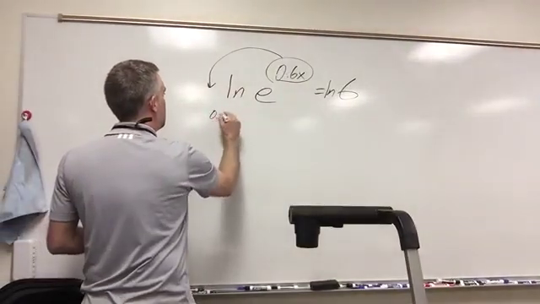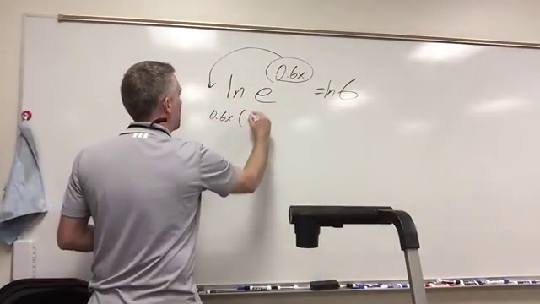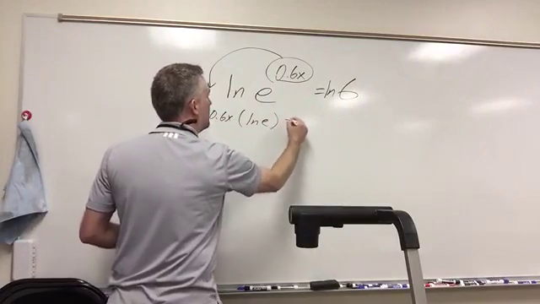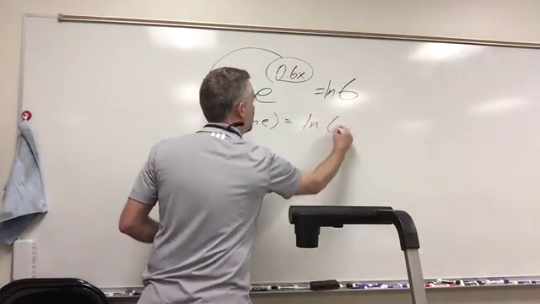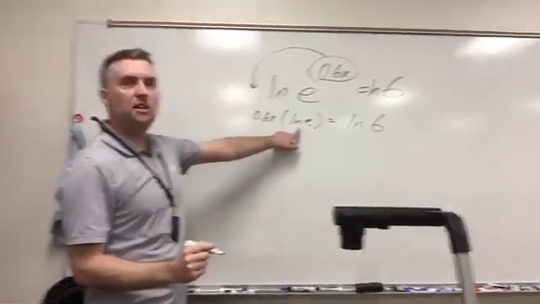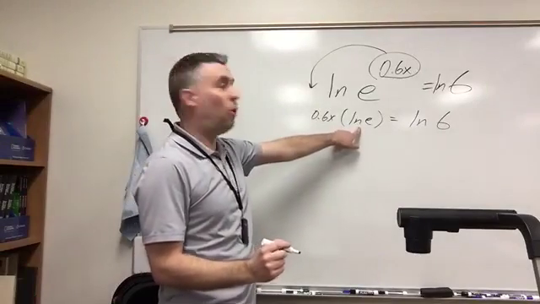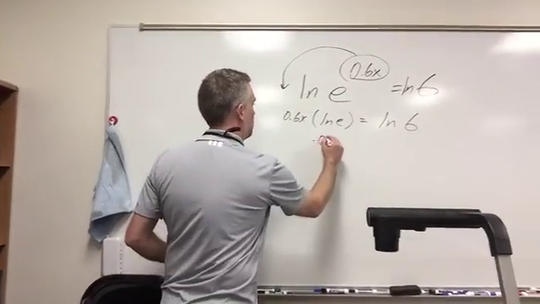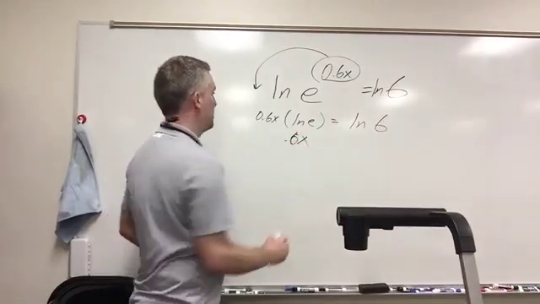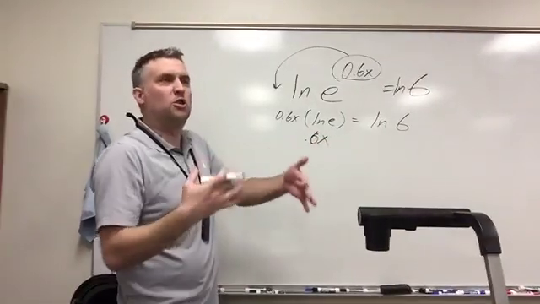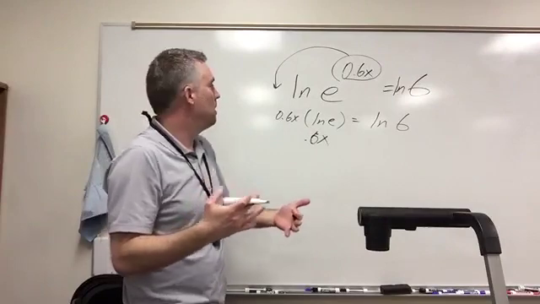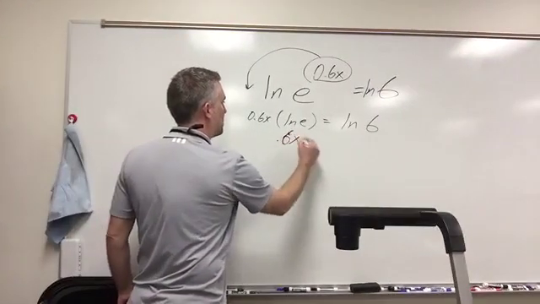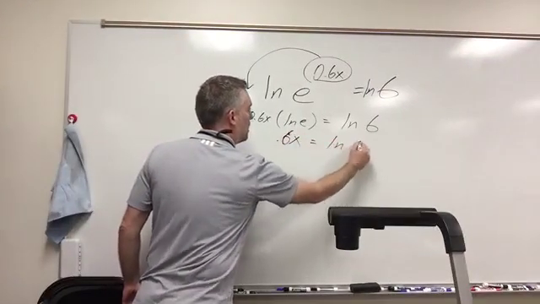So now it's 0.6x times the ln of e equals the ln of 6. And what did we just say the ln of e was? 1. So 0.6x times 1 is just 0.6x. The ln of e just goes away because it's times 1. So 0.6x is equal to the ln of 6.